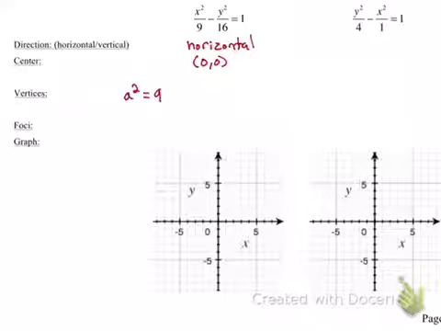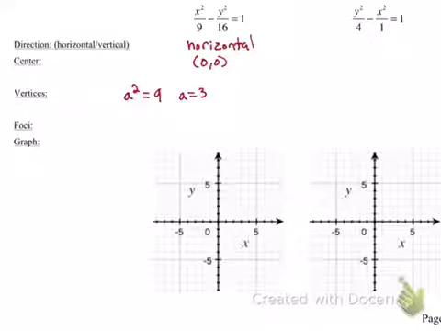All right. So I get my vertices from a squared, which in this case is 9. Again, another difference from ellipses is in hyperbolas, a squared can be smaller than b squared. That's fine. That does not matter. Okay? So in this case, a squared is 9. A squared comes first, always, in hyperbolas.